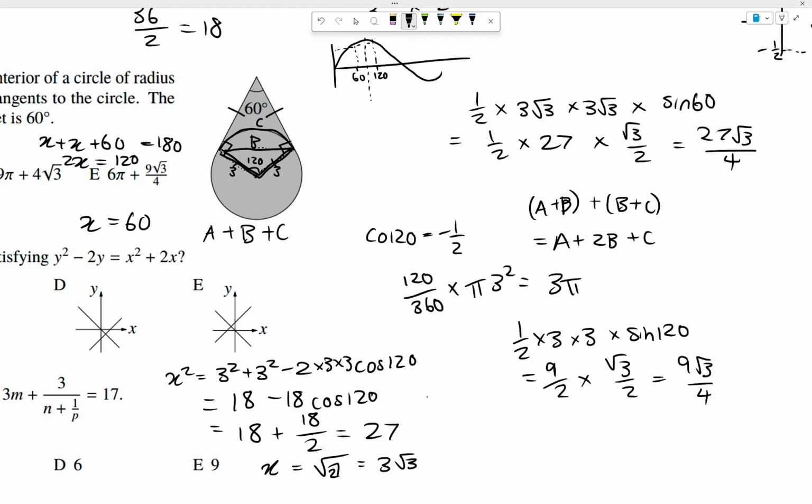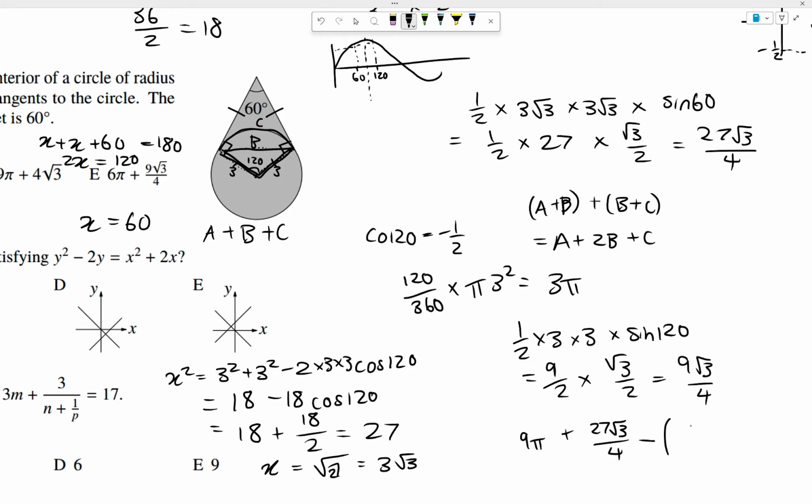So therefore our answer is the area of the circle, which was 9 pi, plus the area of the triangle, which is 27 root 3 over 4. And then B is the area of that sector minus the area of the obtuse triangle. And remember, we're subtracting B off.